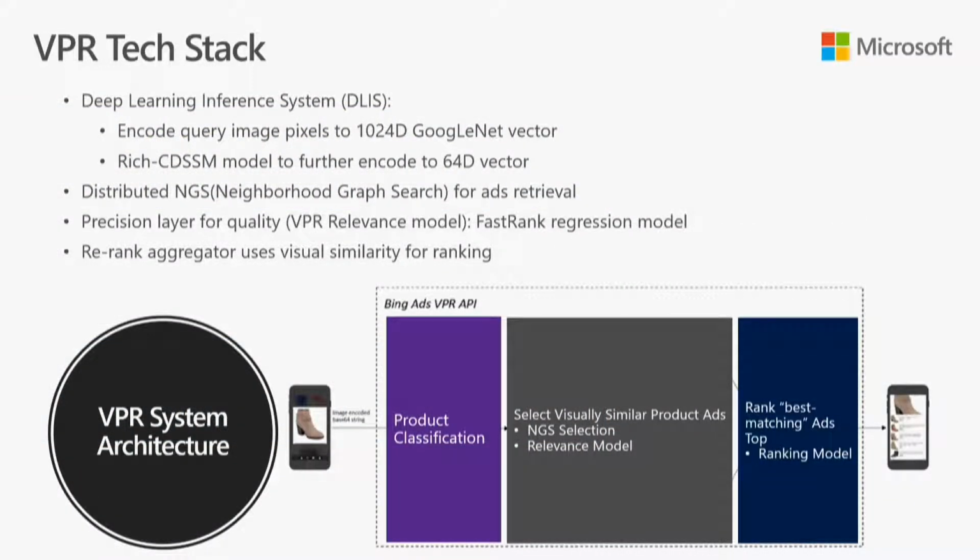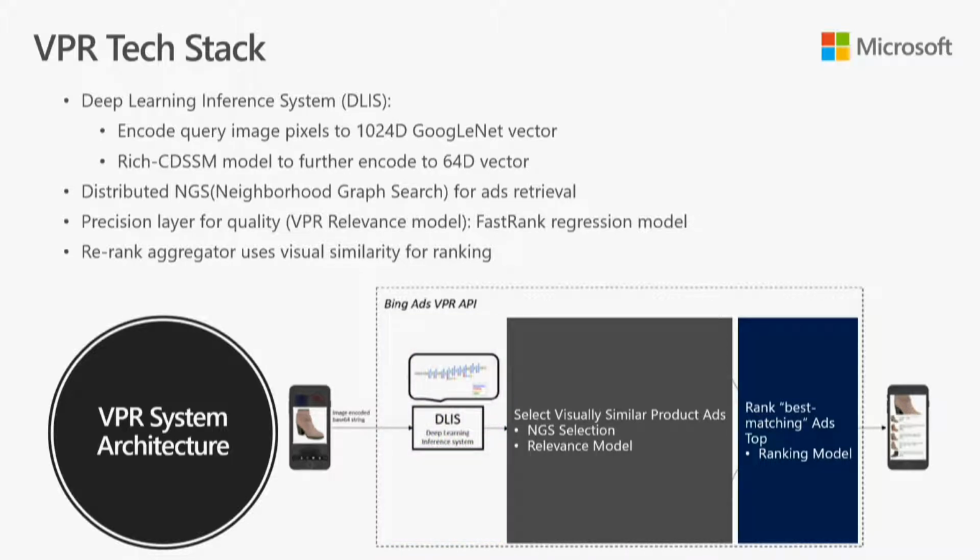This is the VPR system architecture. It starts from the raw image, followed by product classification. Here is a deep learning inference system. We encode the raw image pixels to 1024-dimension vectors, and then we use the rich CDSM model to further encode this vector to 64 dimensions.